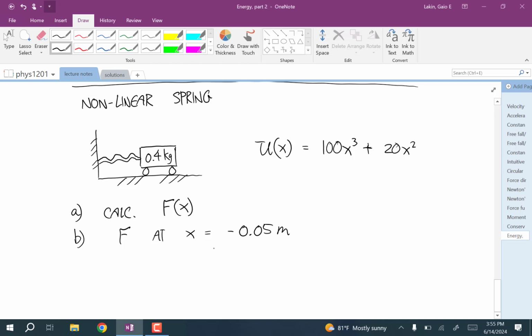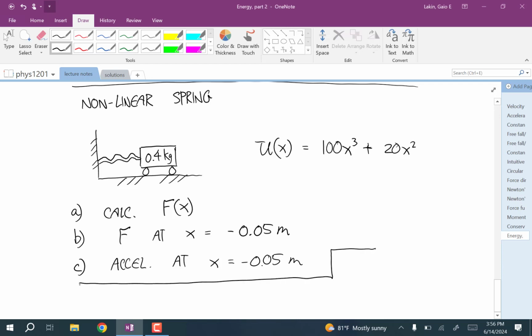And then once we have that force, we want to use that to calculate the acceleration at that instant when x is equal to negative 0.05. Just to get a little more practice with the relationships between all of these things.